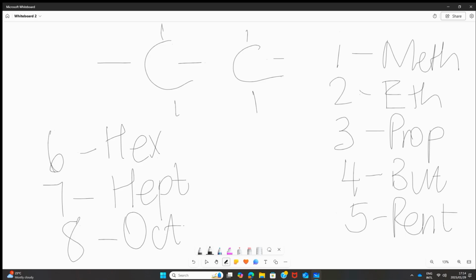This is where we stop in the grade 12 syllabus. We only go up to 8, longest chain. So this means that our longest chain will be having either of these.